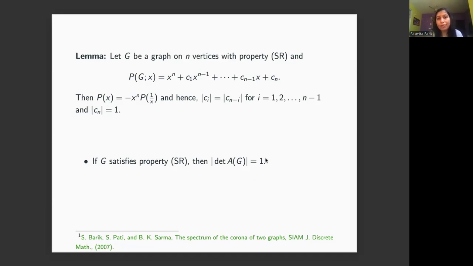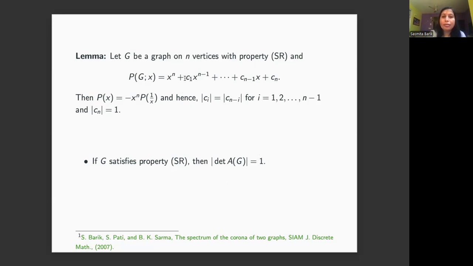But when the graph satisfies property R, the multiplicity may be different for lambda and 1/lambda for certain lambdas. Then it is a question whether the determinant will be plus 1 or minus 1 or some other number. But in case of property SR, this will be 1.